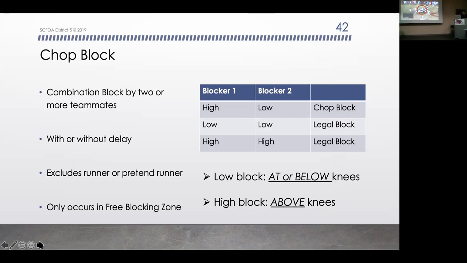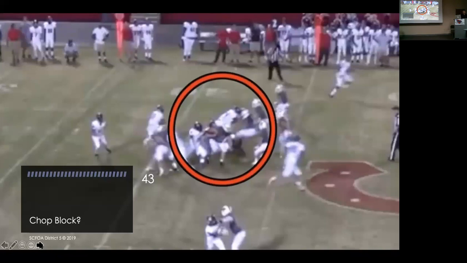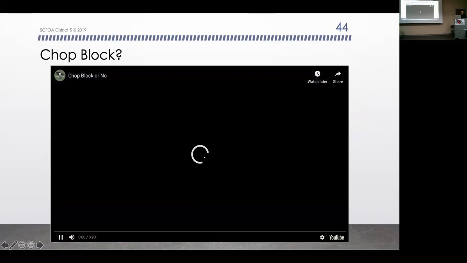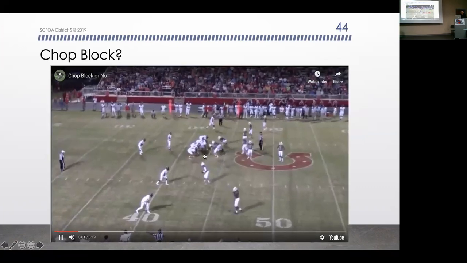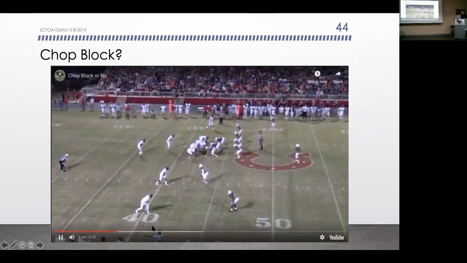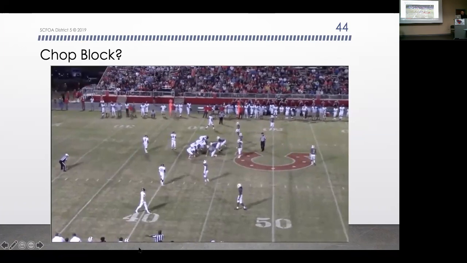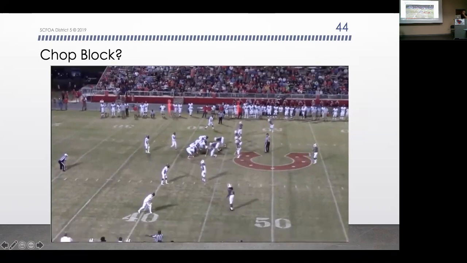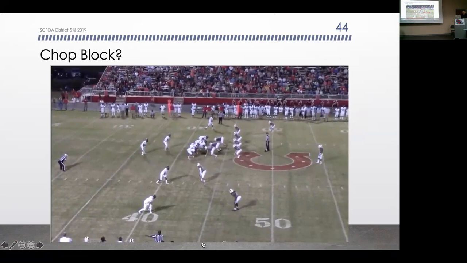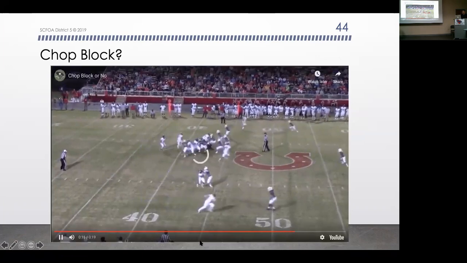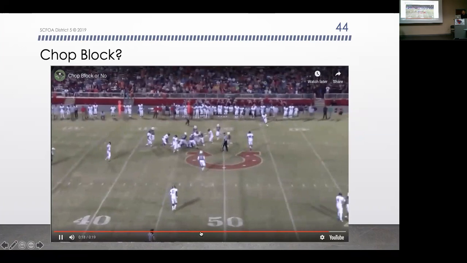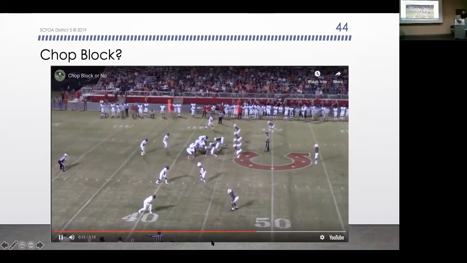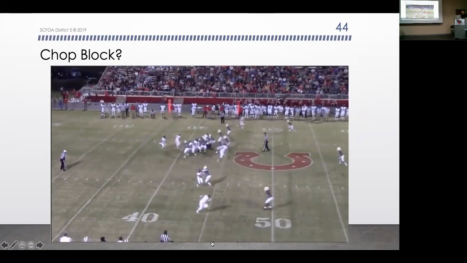All right, so right there in the center of the screen is what we're going to be focusing on here. You can see it's right in this area.